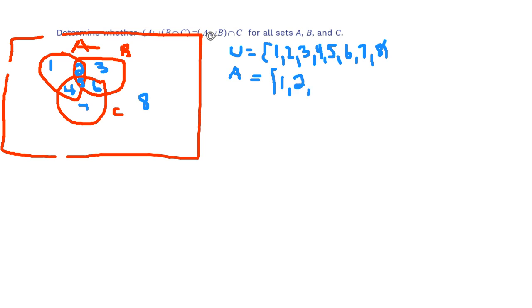And then our B is 2, 5, 3, and 6. And then last, our C, which is 4, 5, 6, and 7.